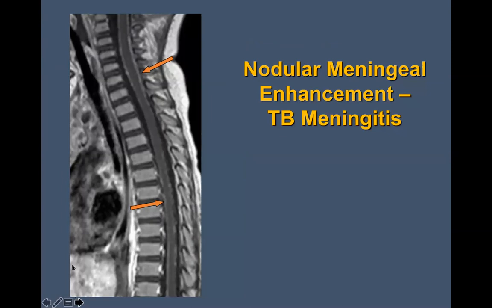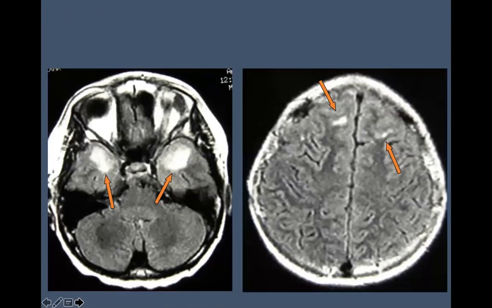So perhaps you can appreciate here many tiny nodules along this enhancing stripe along the dural surfaces of the spinal canal. You could see that with meningeal carcinomatosis, so it's not necessarily specific for meningitis, but in the proper clinical setting, it tells you that you do have meningitis involving the spinal canal.